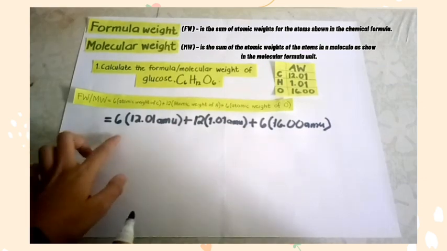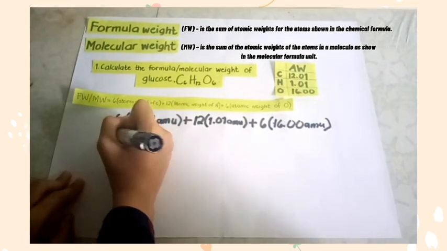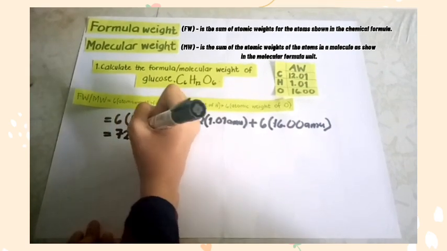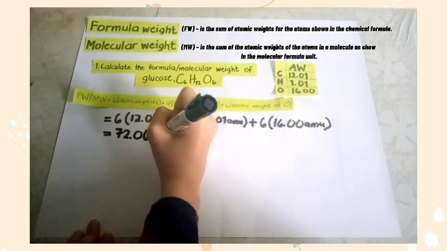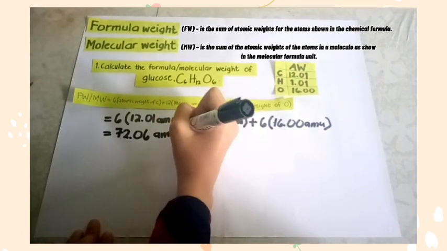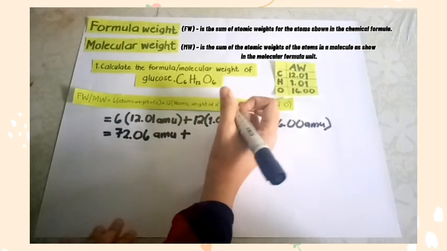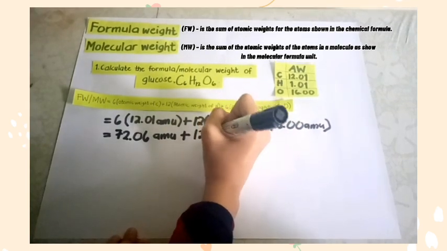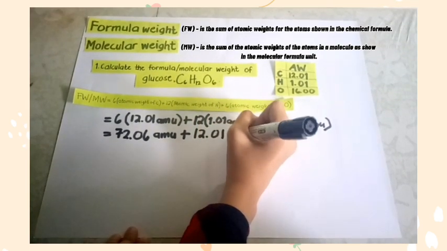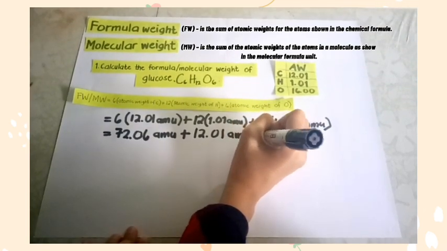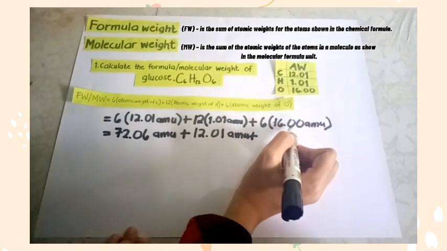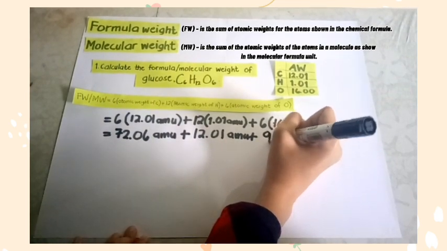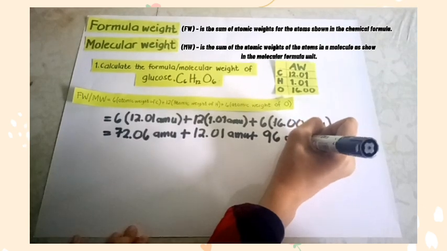And now we are going to multiply these. 6 times 12.01 atomic mass units is equal to 72.06 atomic mass units, plus 12 times 1.01 atomic mass units is equal to 12.12 atomic mass units, then plus 6 times 16.00 atomic mass units is equal to 96 atomic mass units.